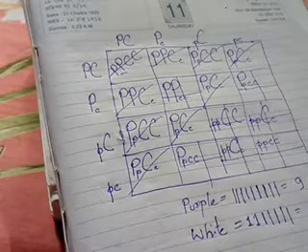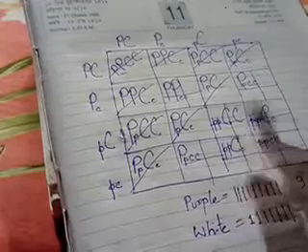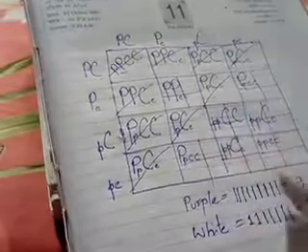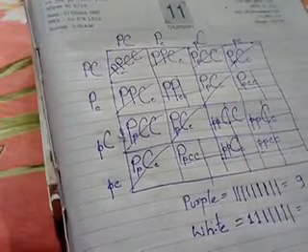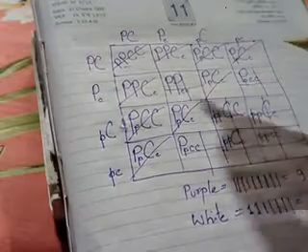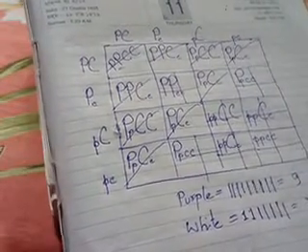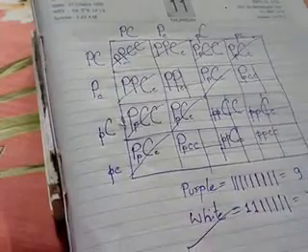So here what we can say is, this is a direct effect of one gene upon another gene. Maybe the gene could be at a different locus, but the presence of capital C makes capital P capable of giving purple color. So this is known as epistasis.